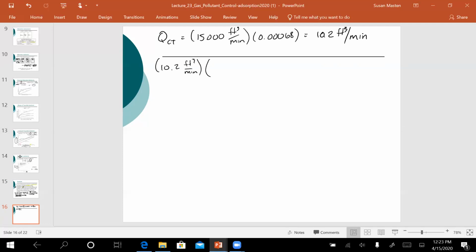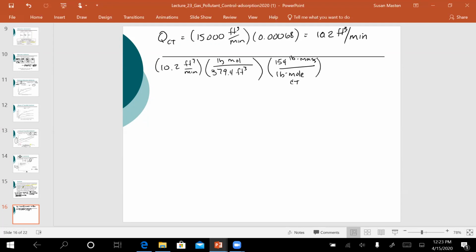The density, or molar density, of air: 1 pound mole of air occupies 379.4 cubic feet. We have 154 pound mass, the molecular weight, per pound mole of carbon tet.